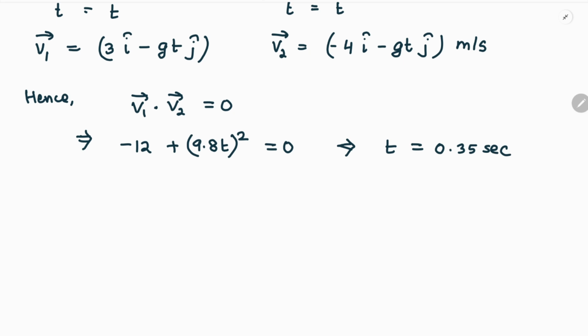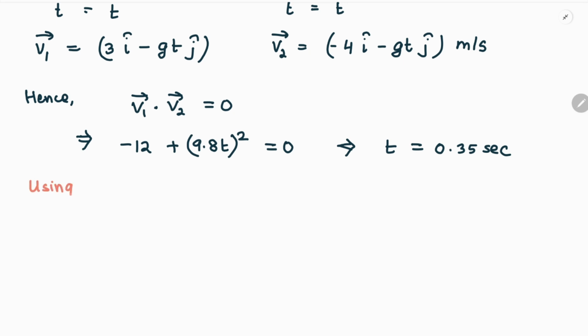Now this part is not asked in the problem, but we have reached a point where we have calculated the time when the two particles will be moving perpendicular to each other. Now we say v relative, that is the velocity of particle 1 with respect to 2. So we are solving it using relative motion.